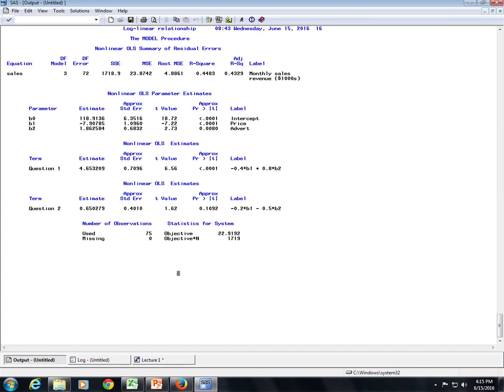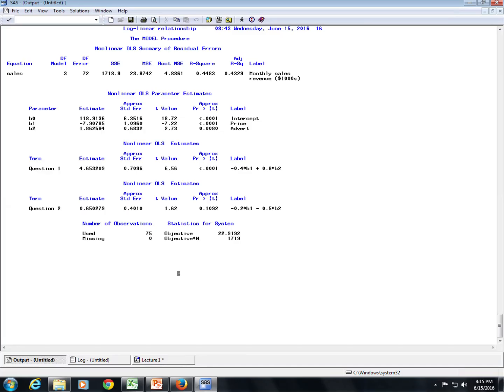So question 2: is a 20-cent decrease in price equivalent to a $500 increase in advertising? Here our hypothesis test is non-significant, which means we fail to reject the null hypothesis that negative 0.2 beta 1 is equal to positive 0.5 beta 2.